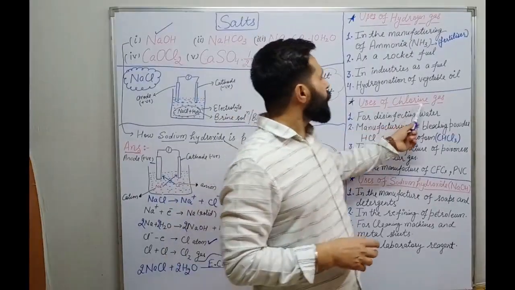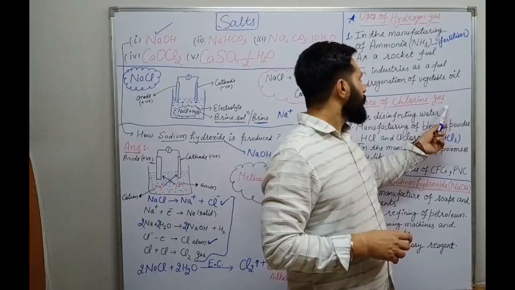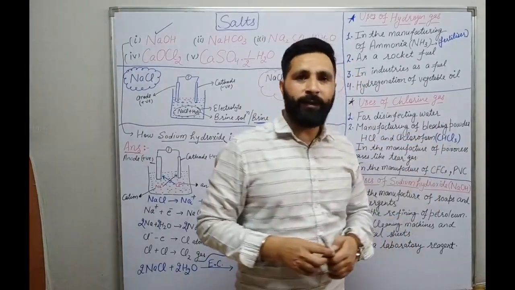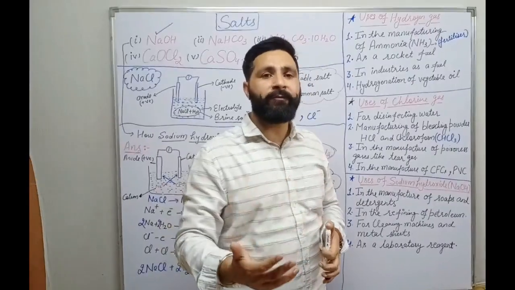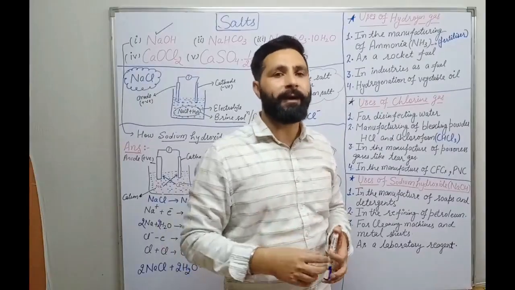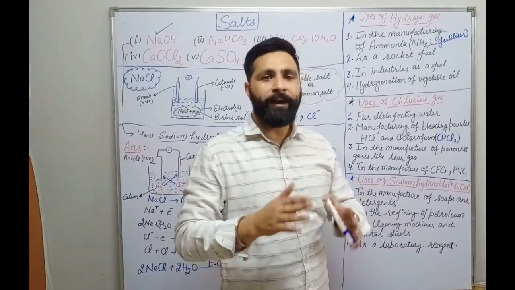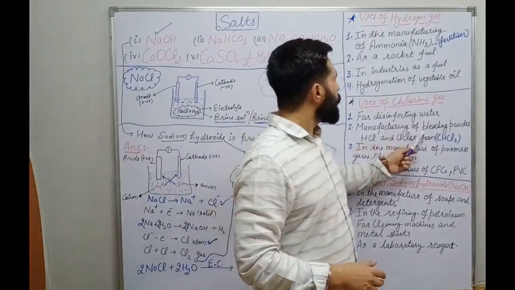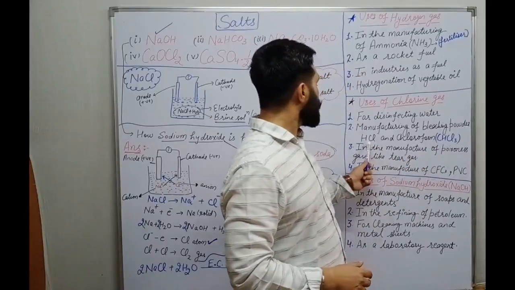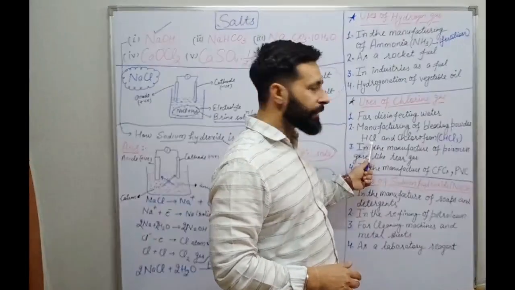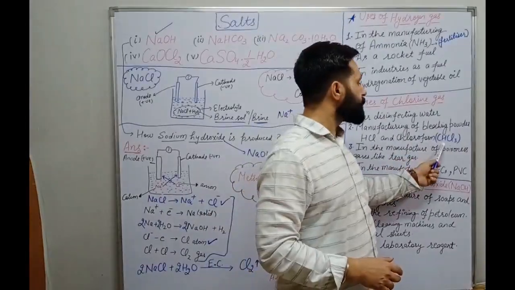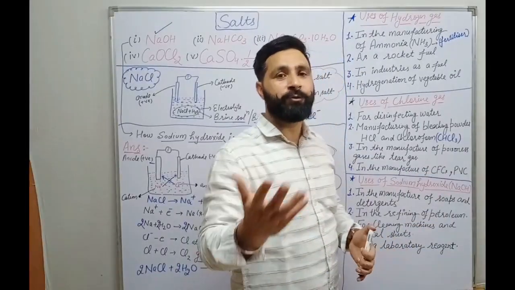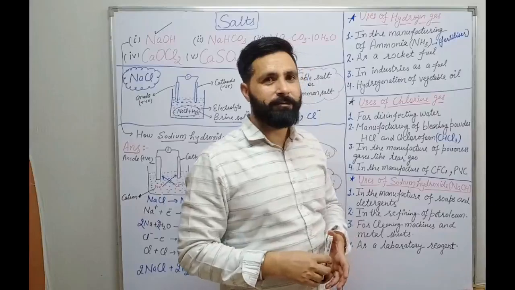Next, uses of chlorine gas. Beta, first of all, for disinfecting water, means killing bacteria, to make water free from bacteria. Manufacturing of bleaching powder, hydrochloric acid and chloroform. Chloroform is what thieves use to narcotize you, बेहोश करने के लिए.